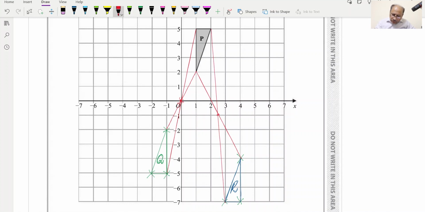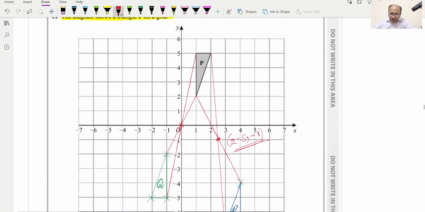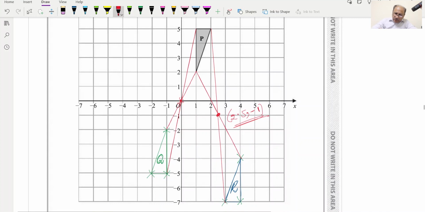And if you see, this is the point, and coordinates of this point will be 2.5 and -1. So 2.5 and -1. So these are the coordinates, and we can see this is basically rotated.